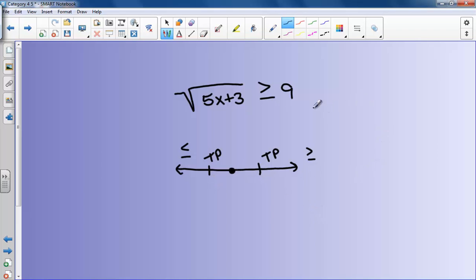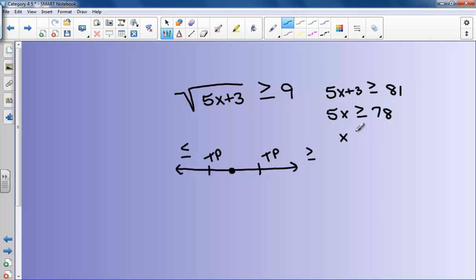Algebraically, we solve it the same way as we would any other problem. So we're going to square both sides. So we get 5x plus 3 is greater than or equal to 81. So 5x is greater than or equal to 81 minus 3, which should be 78.